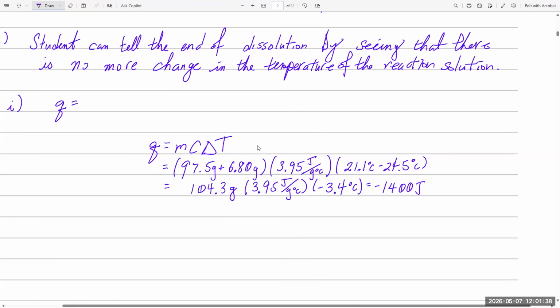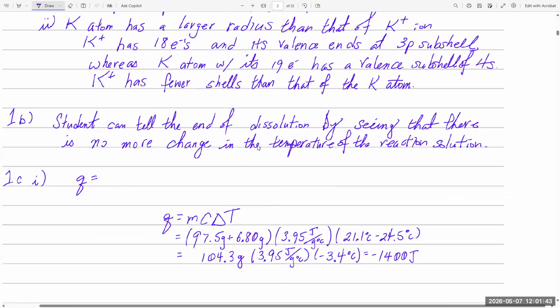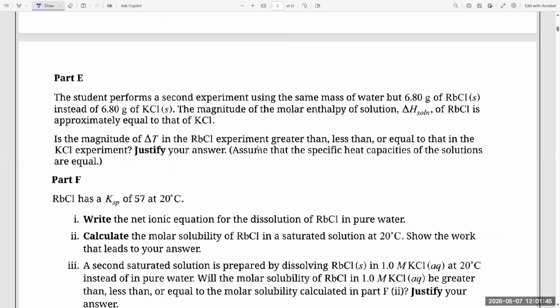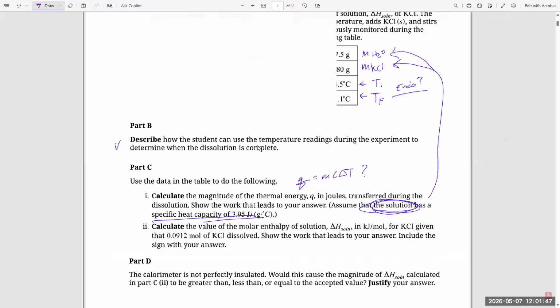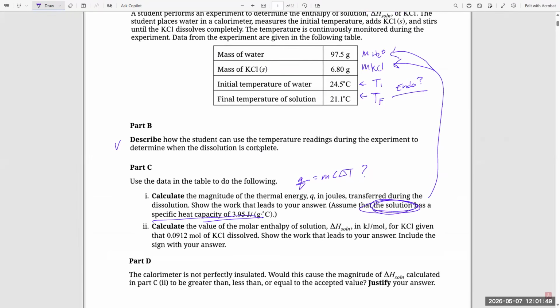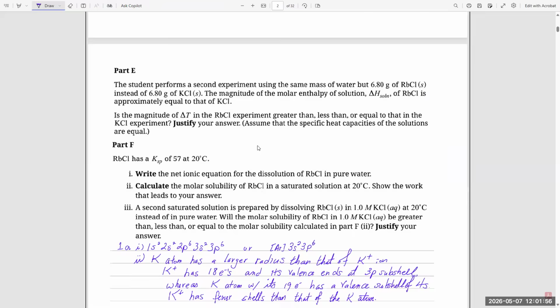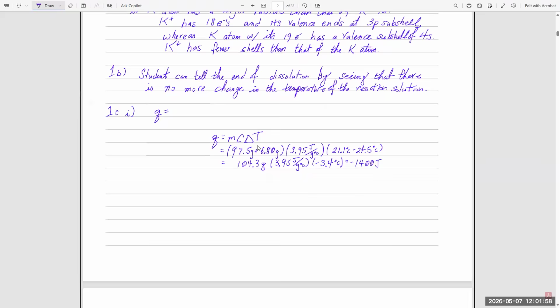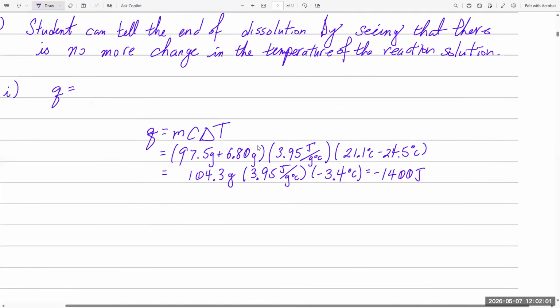So let's quickly double check our sig figs. Looking at our sig figs, I'm guessing 3, right? If we go back here, you see 3, 3, 3, and the specific heat capacity is 3 as well. So I'm going to assume my sig figs are all 3, because they're all multiplicative. Therefore, I'm going to say the answer is negative 1.40 kilojoules.